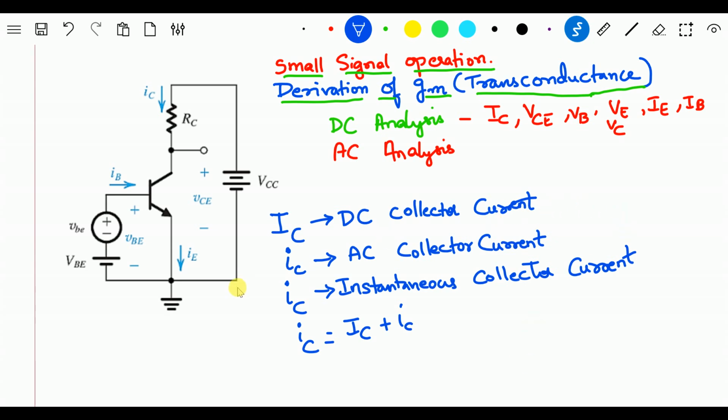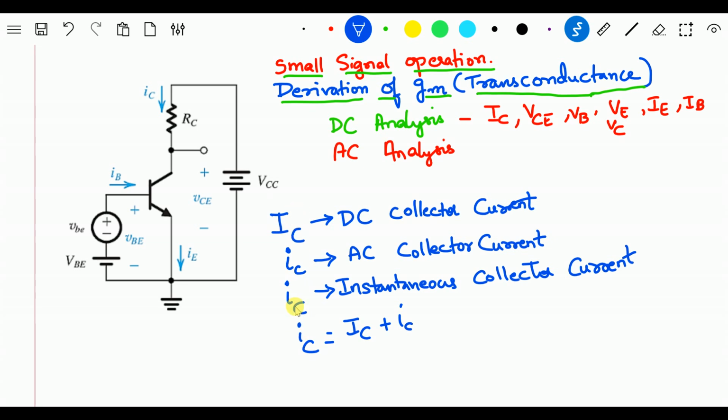Therefore, these notations are very important, because further in my explanations I will be using them. I will not be telling you what capital I capital C is, or small i small c, or small i and capital C. You should be able to recall these things. The same holds for base current or emitter current.